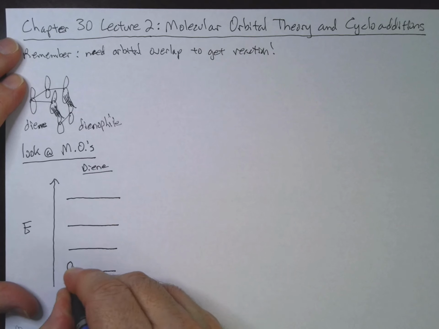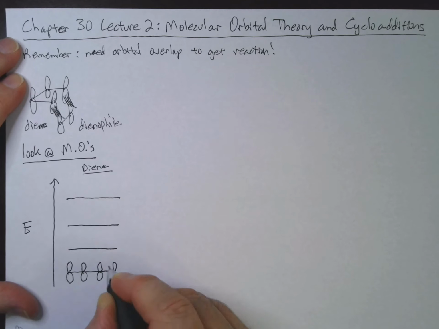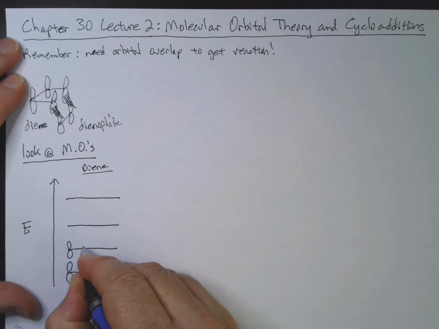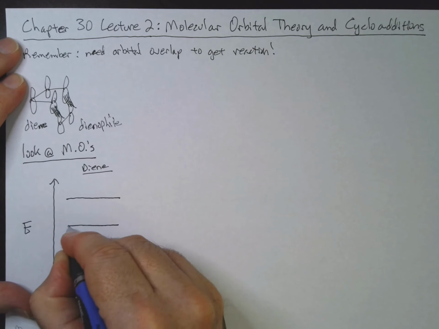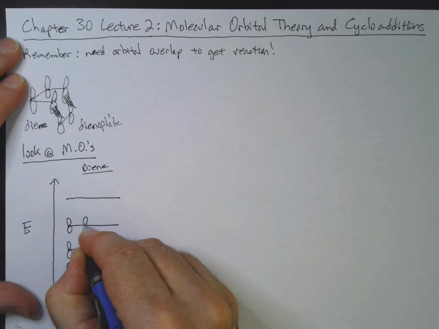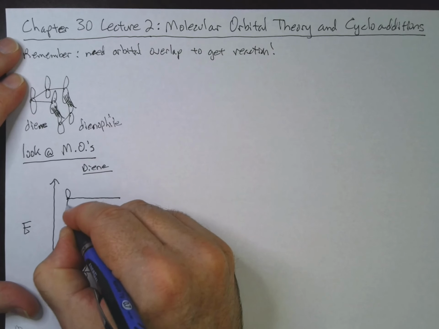If not, I apologize for not drawing things as equal as they should be. So I'll have 4 p orbitals. Now in reality, the molecular orbitals don't look like individual p orbitals.